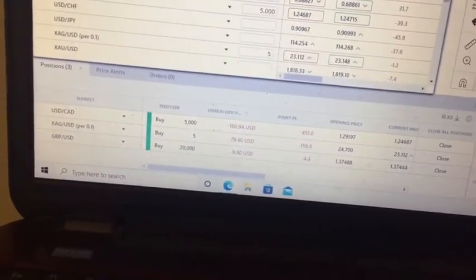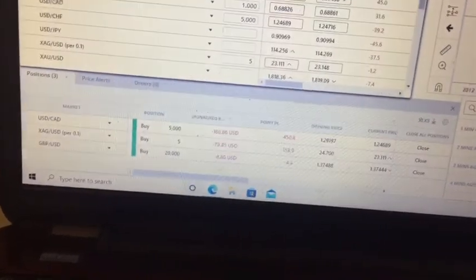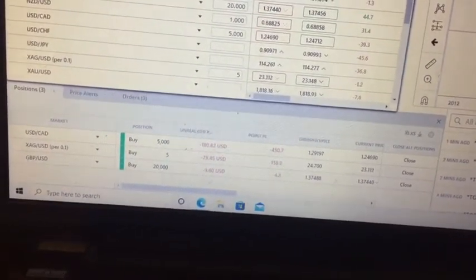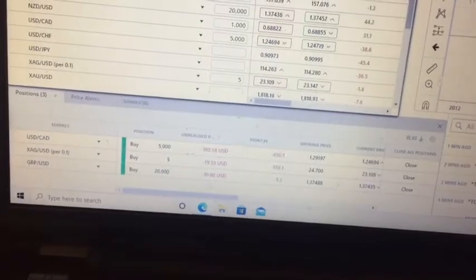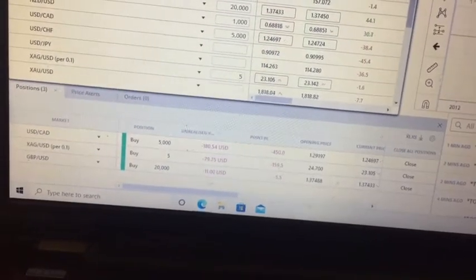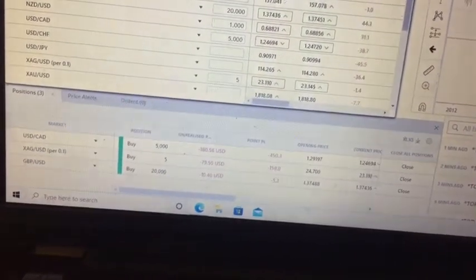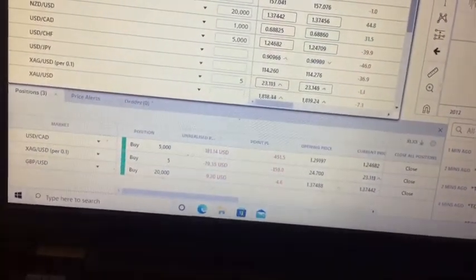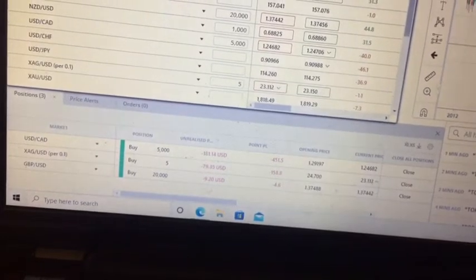With the currency pairs, what I've done is increase the lot size. If you can see there, the lot size is USD Canadian 5 lots, silver USD 5 lots, and Great British Pound in USD 20 lots.